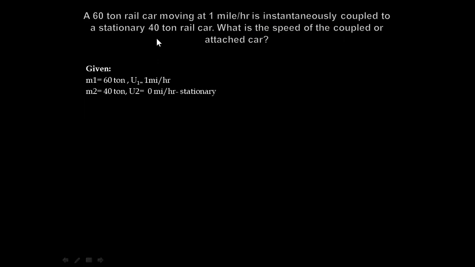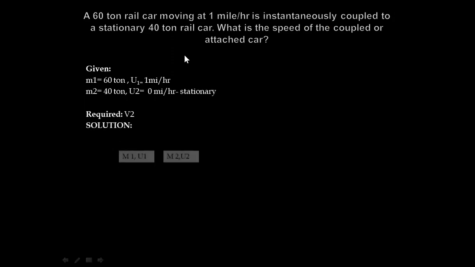The other one, the 40-ton rail car, is represented as m2 with its initial velocity equal to 0 because it is stationary. We are required to determine the speed of the coupled or attached car.